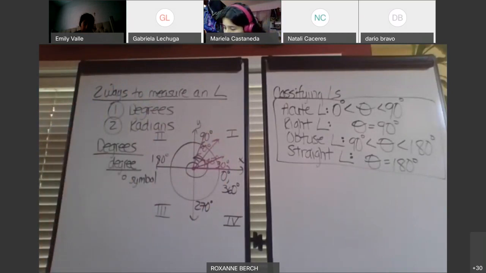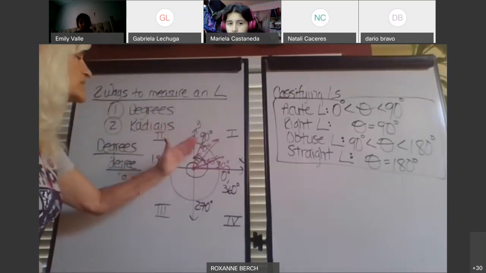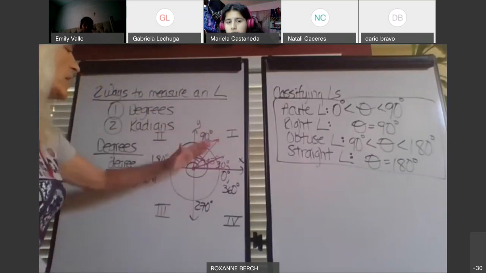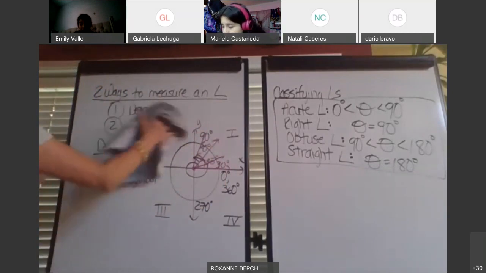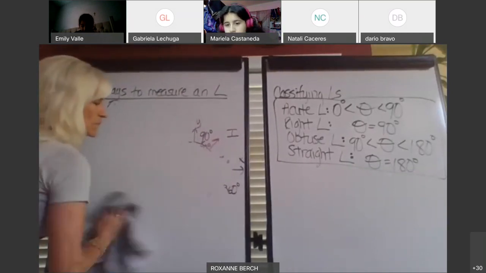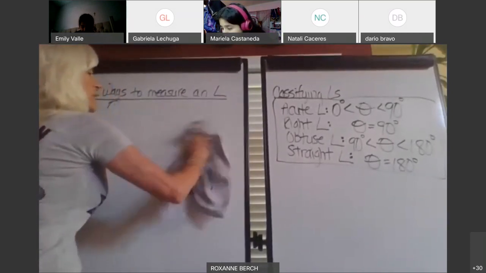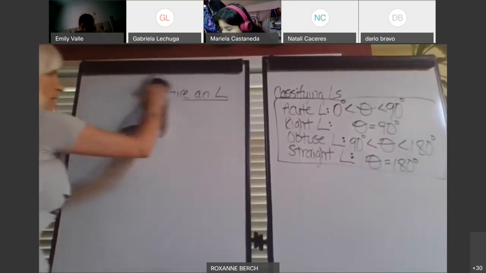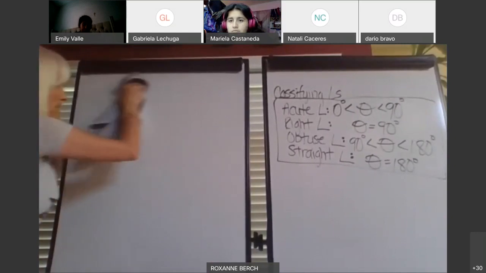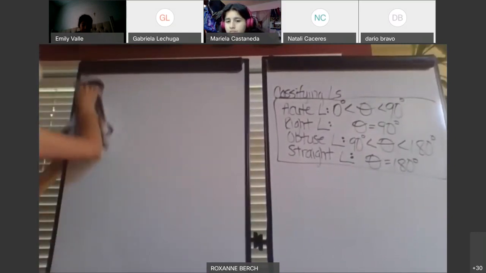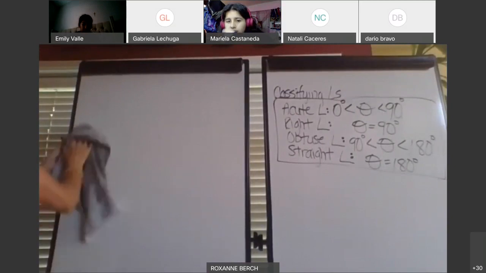You don't need to know that right now. Don't worry about it. So if you were trying to draw different angles, you have to divide into parts. Half of 90 is 45. A third of 90 is 30 degrees. I will show you how to draw and name an angle, and I'll give you specific steps for that. Don't worry about that right now.